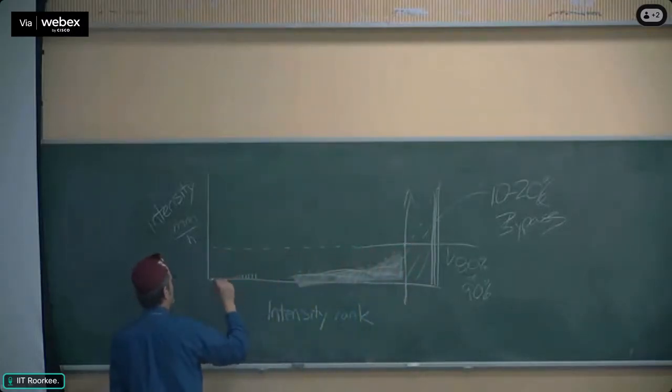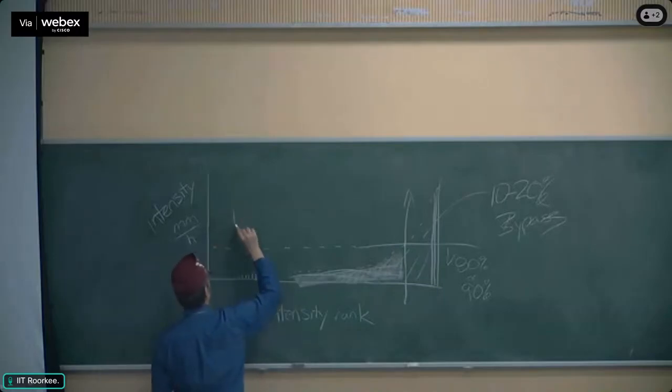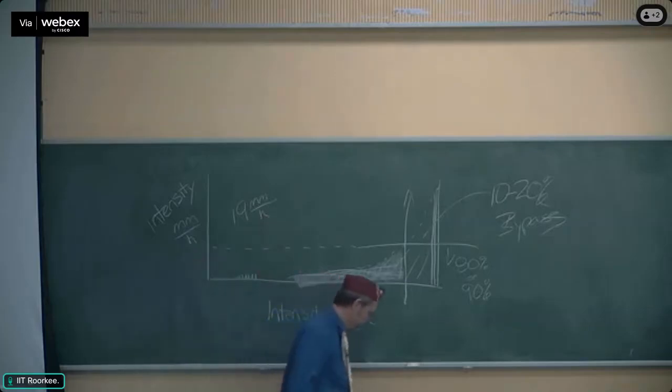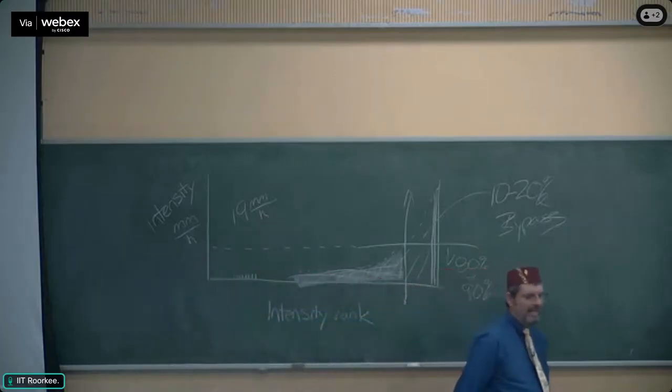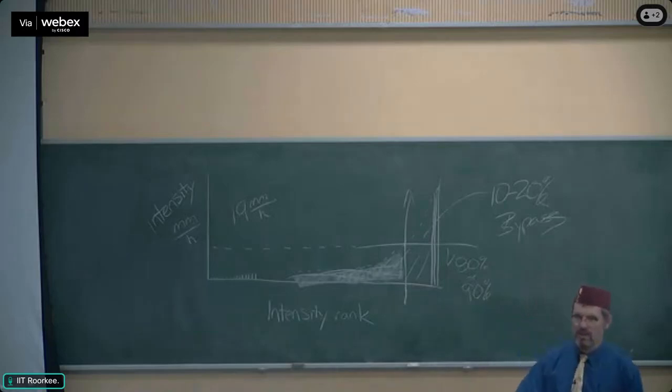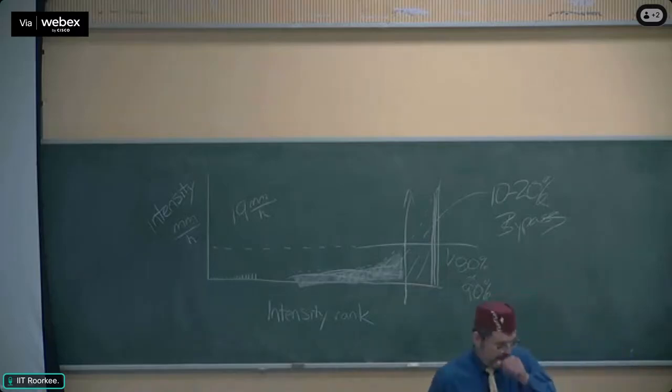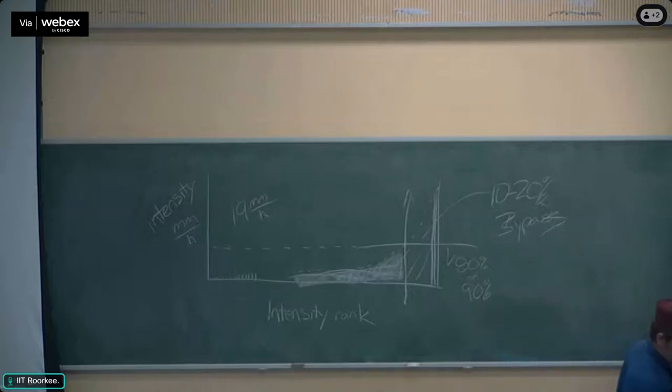So long story short, in North Carolina, our water quality rainfall intensity is 19 millimeters per hour. My hunch is that our numbers would be relatively similar because we both have very intense storms hit us.